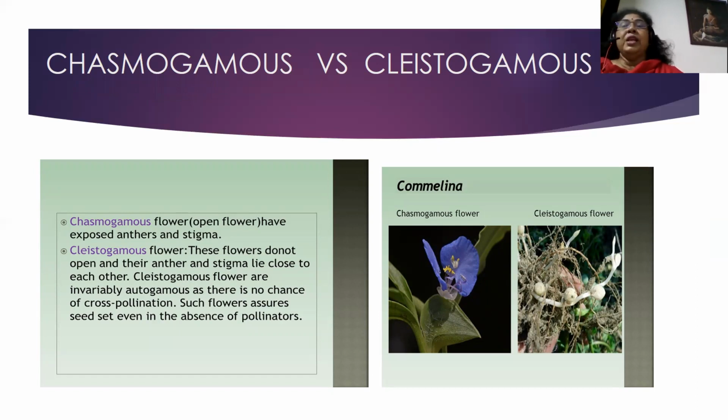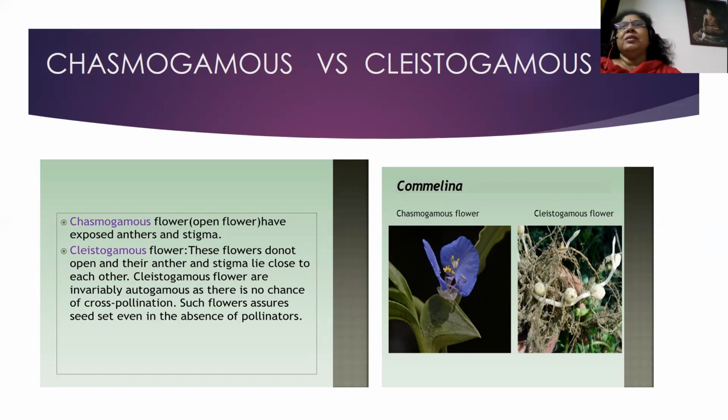Now children, when they do not open, they are bisexual, and only autogamy can take place. Geitonogamy or xenogamy cannot take place because the flower does not open.